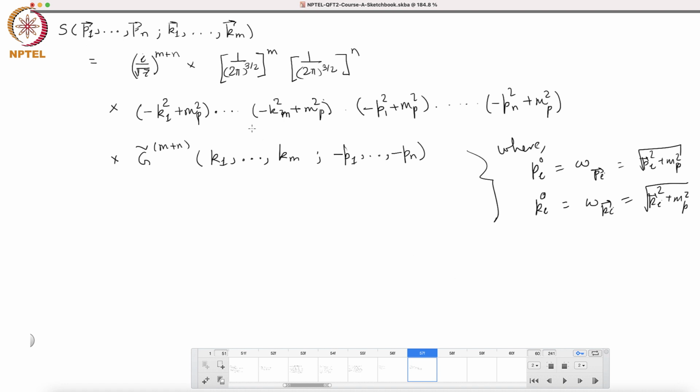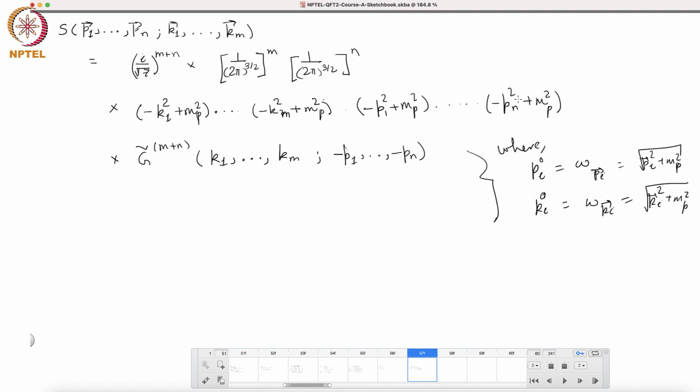Now let's look at these factors. When these momenta p1 to pn and k1 to km are on shell, meaning they satisfy, say, k1 square is mp square, that's the condition of being on shell, then this factor is 0. Similarly all these factors will be 0 when the corresponding momenta are on shell.